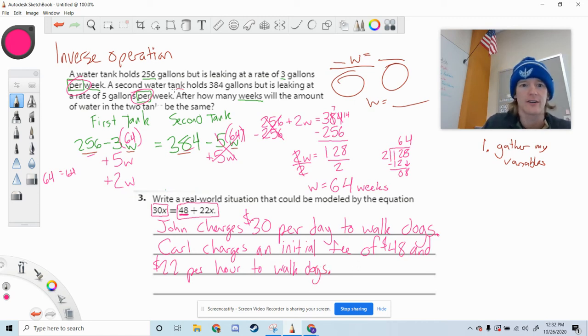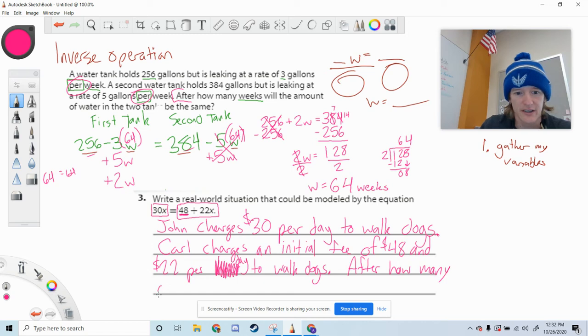So now we need to write a question, kind of like this one said. After how many weeks will the amount of water in the 2 tanks be the same? Well, how about this? After how many days, because we're talking about days. And I said $22 per hour. I meant $22 per day.